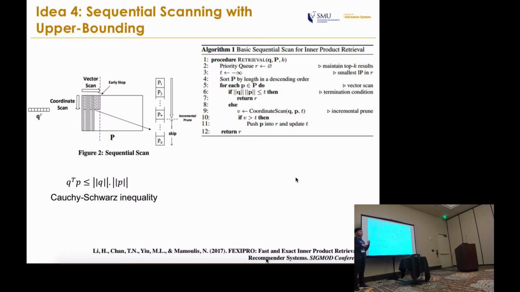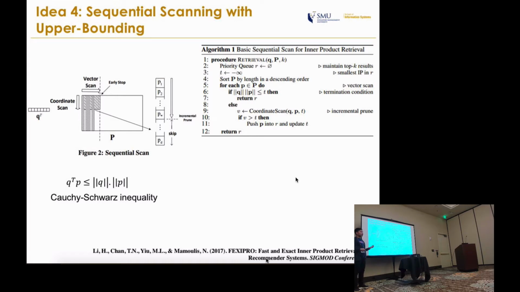And if the product of the two norms is smaller than the current best, the current smallest inner product in the queue, then you just terminate the search, because it will never be a candidate for the top-k maximum inner product values.